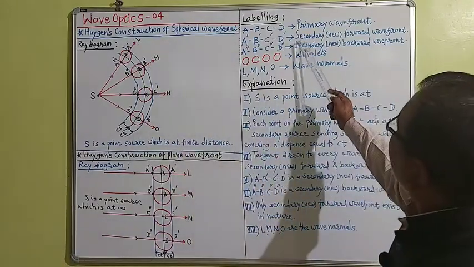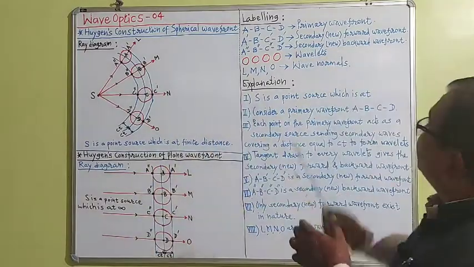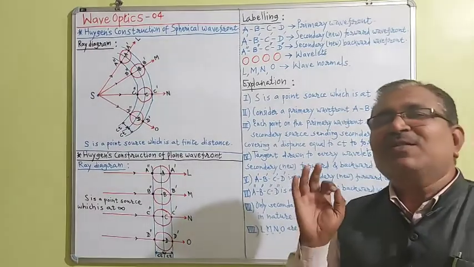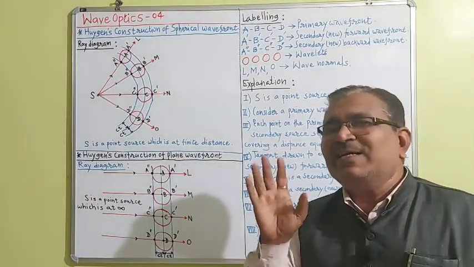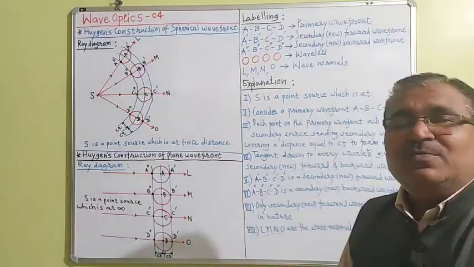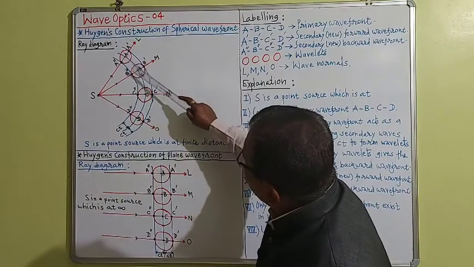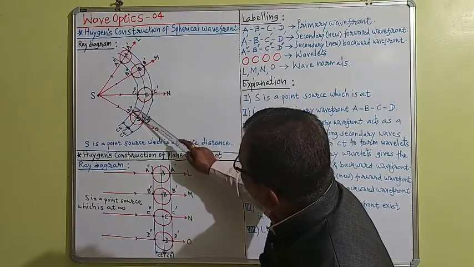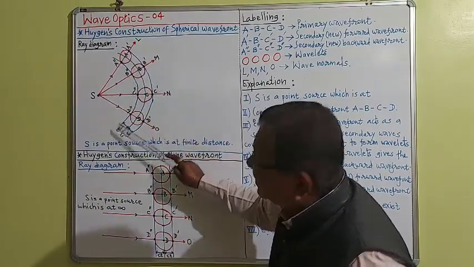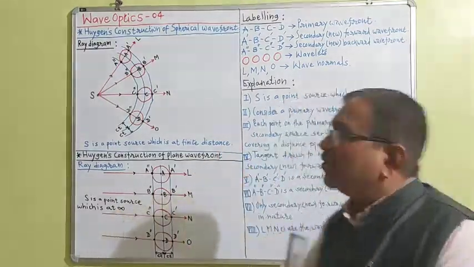Then here, A dash, B dash, C dash, D dash is the secondary (new) forward spherical wavefront, because we are learning spherical now. So before the word wavefront, put the word spherical. Then A double dash, B double dash, C double dash, D double dash is the secondary (new) backward spherical wavefront.